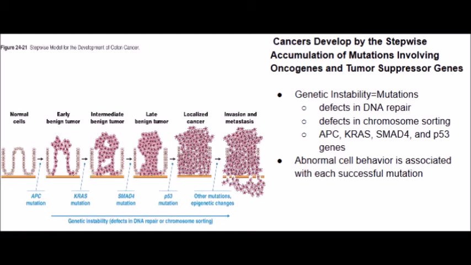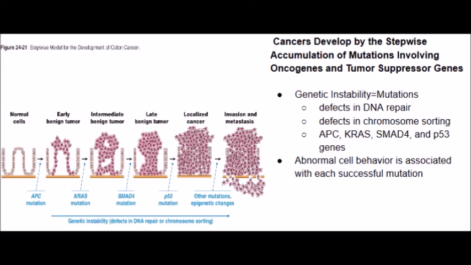Figure 24-21 illustrates an organized step-by-step development of colon cancer. In step 1, normal cells have an APC mutation, which begins an early benign tumor. In step 2, the early benign tumor undergoes a KRAS mutation and progresses to an intermediate benign tumor.